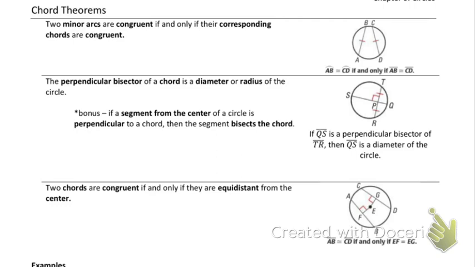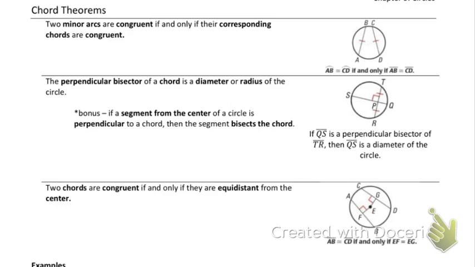If arc BA was congruent to arc CD, that would mean chord BA is congruent to chord CD. Just keep track of that. 2 chords that are the same length are going to cut the exact same arc. All right? Chords of the same length subtend the exact same arc.